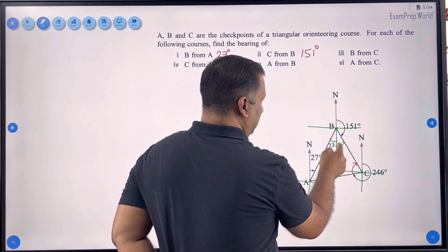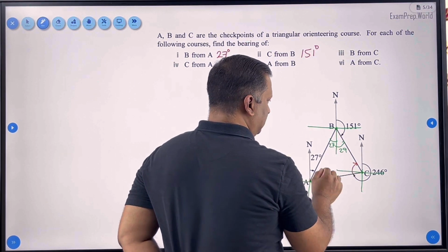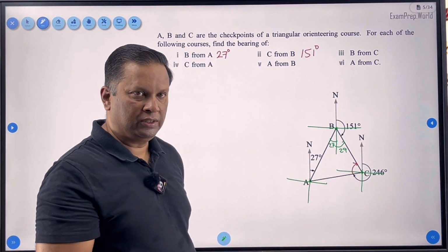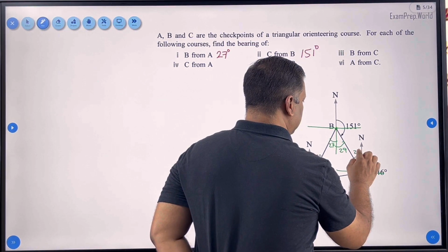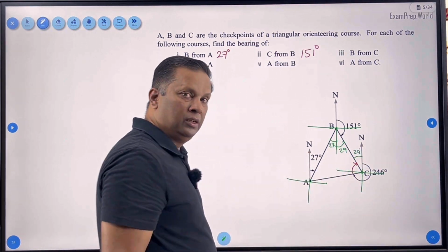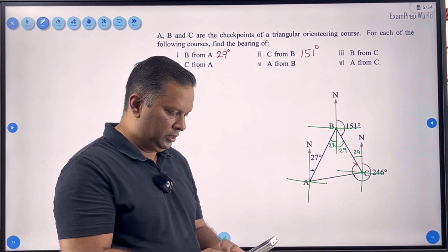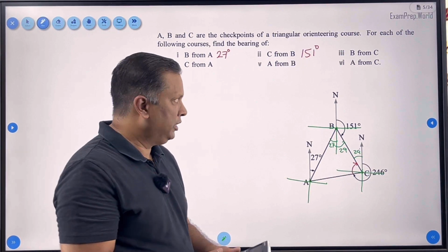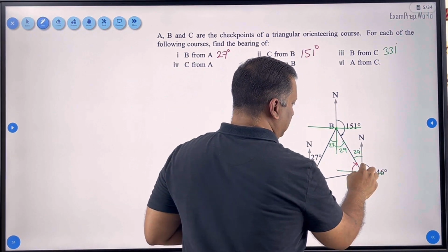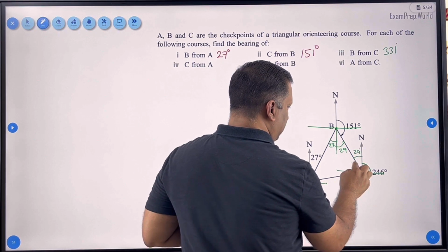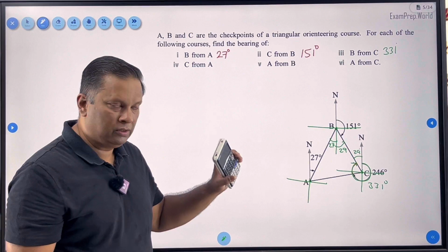How much is this? 180 minus 151, which is 29 degrees, okay? So this one is also 29 degrees. Alternate interior. Now this is how much? 360 minus 29, which is 331. So he has to travel at 331 degrees. The whole thing, look from here to here. It is 331 degrees. Right? Understood, right? It's very, very easy.